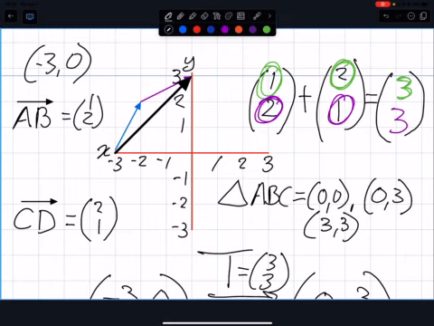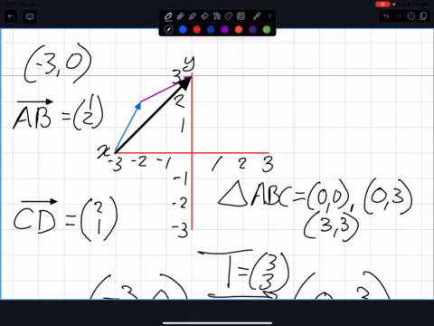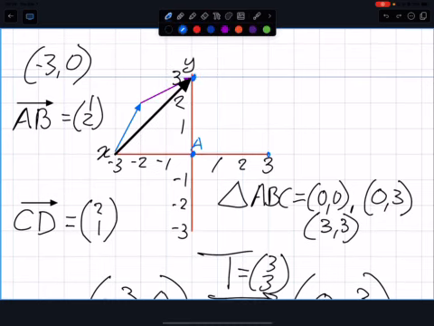Draw a triangle ABC. Zero, zero, that's A. 0, 3, oh sorry, this is here. This is B, and then you have 3, 3.